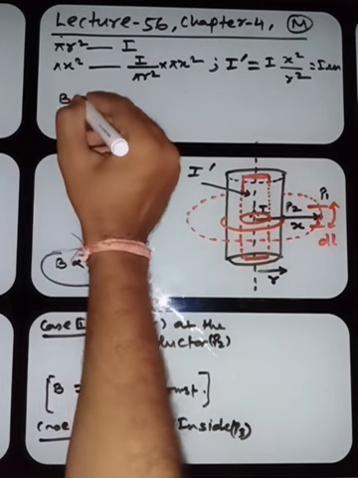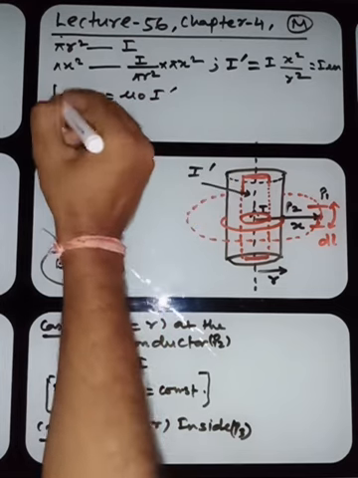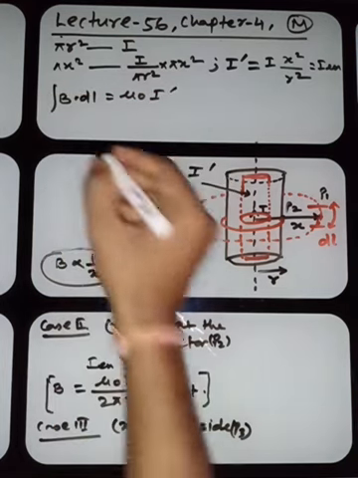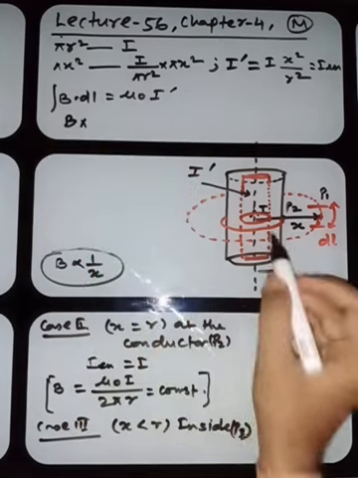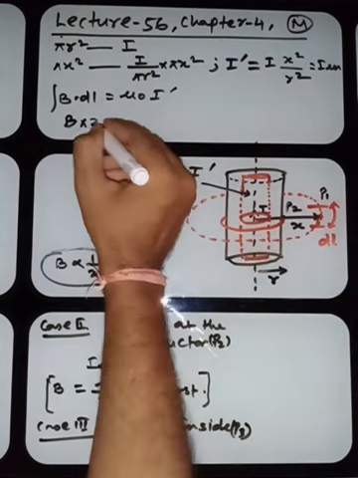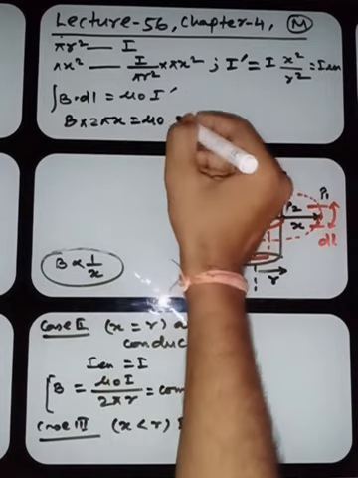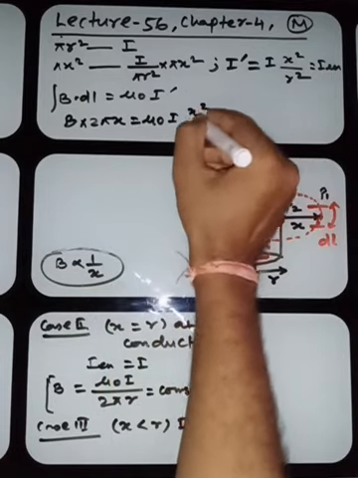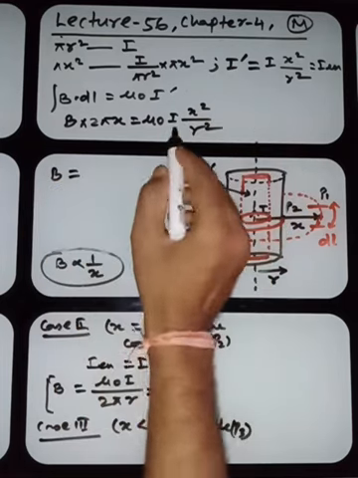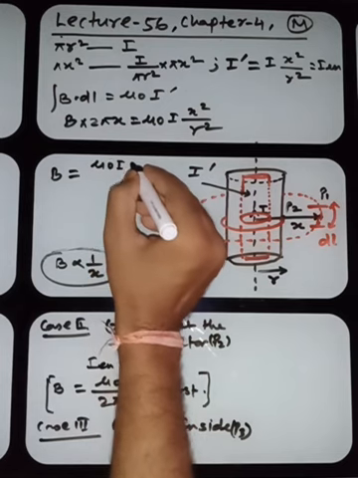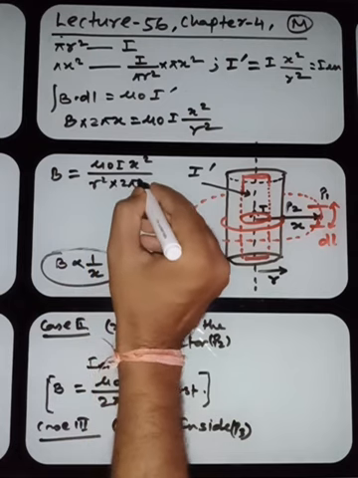Now applying Ampere's Circuital Law, B dot dl equals mu naught I enclosed, which is I dash. We can write B into dl, and dl is now 2 pi x, equal to mu naught times I x square over r square. So B can be written as mu naught I x square over r square times 2 pi x.